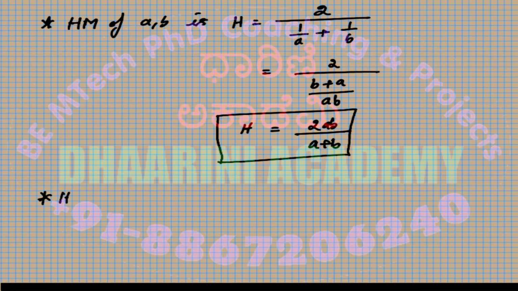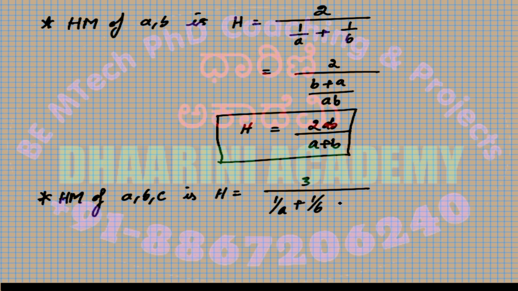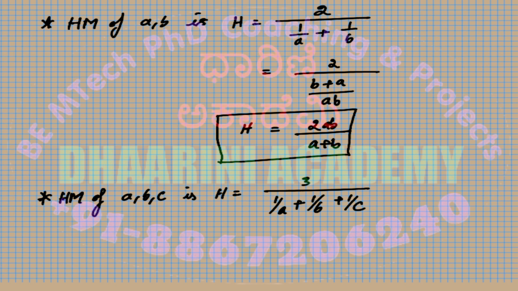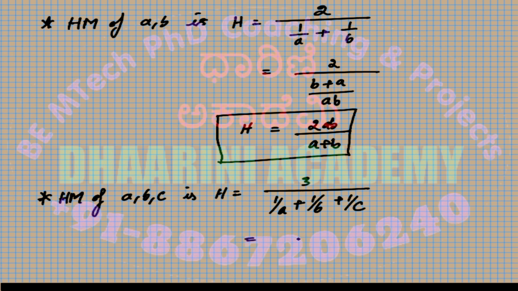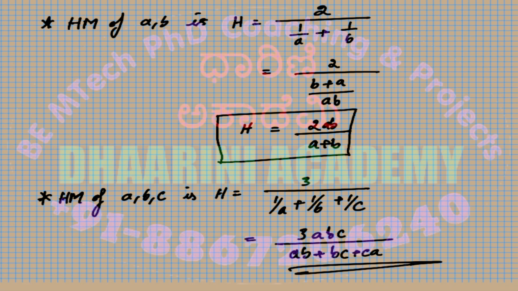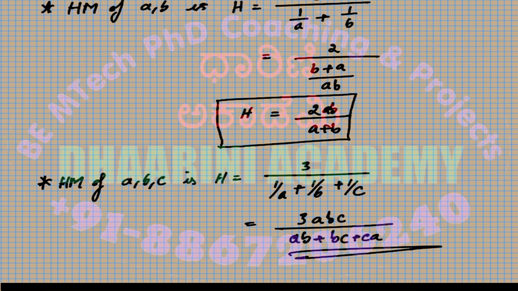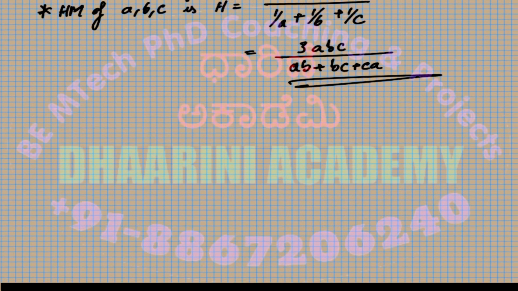The harmonic mean of A, B, C is H equals 3 divided by 1 by A plus 1 by B plus 1 divided by C. So this is equal to 3ABC divided by AB plus BC plus CA, which is the required answer to calculate the harmonic mean of three numbers A, B, C. Okay, let's move to the next concept.